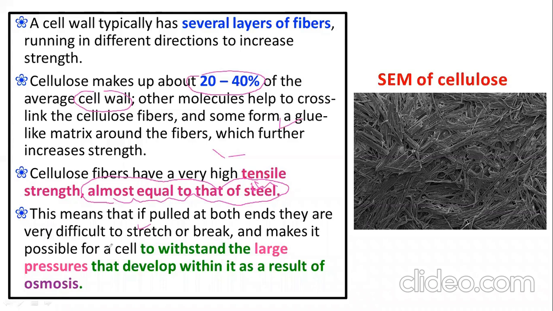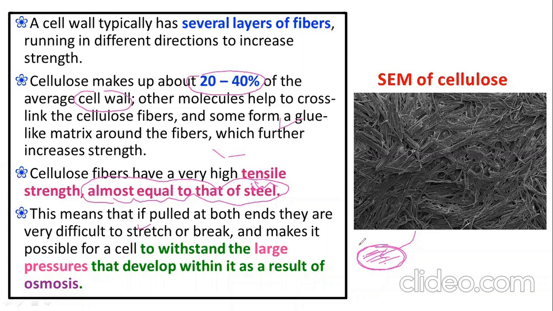Now, if cellulose is very strong, it gives a benefit to what? To the plants. For example, water moves from a dilute region to inside the cell, and more osmotic pressure develops inside the cell. So cellulose gives that strength so the cell may not burst.